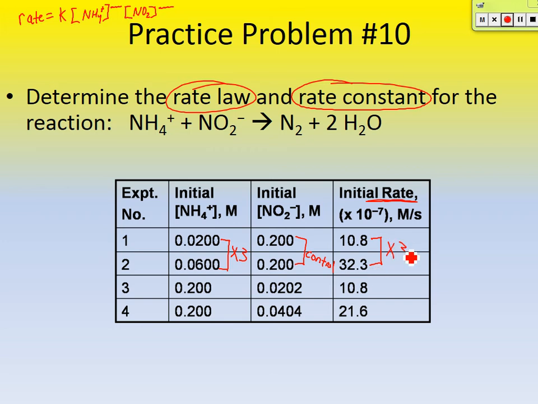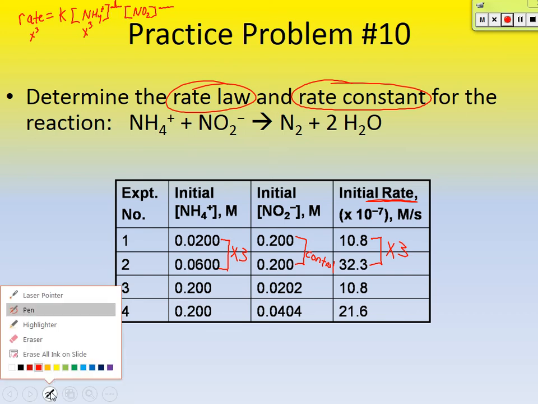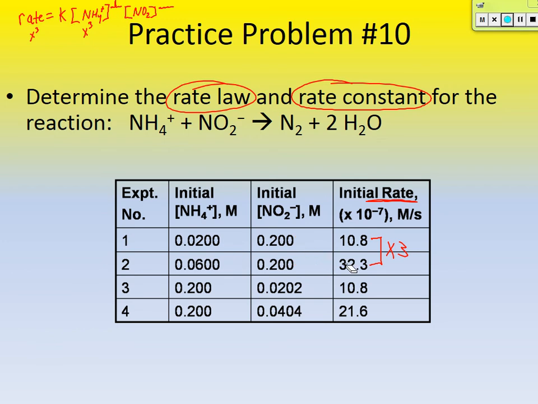So put a times by 3 sign there. Now let's look at it. If the concentration is being times by 3, and it increases the rate by 3, what order is that? That is first order. So a 1 goes here. Again, if this is times by 3 and the rate is times by 3, in order for that to make sense mathematically, that exponent's got to be a 1, which means it's first order. Okay, that's great. I'm going to erase what we just did, clean up the table a little bit, and figure out the other one.